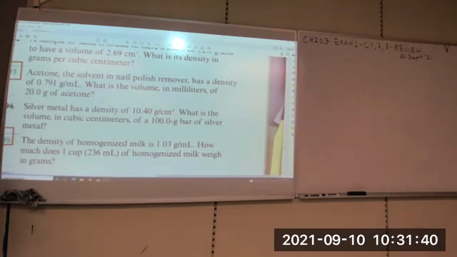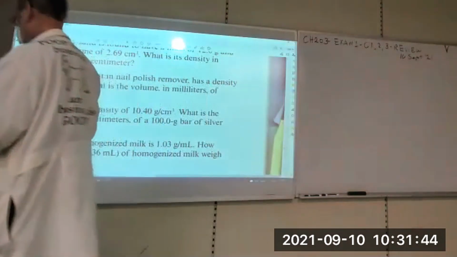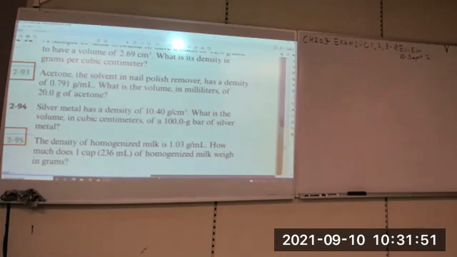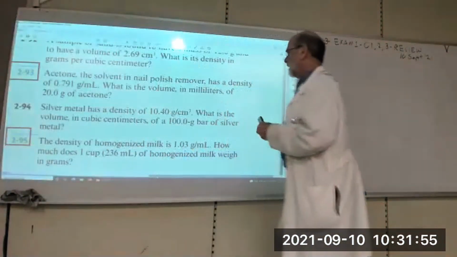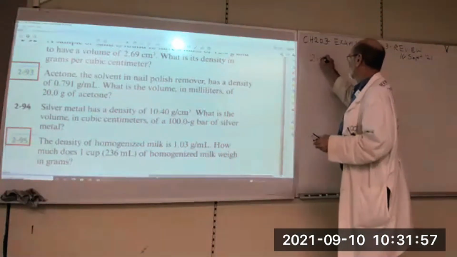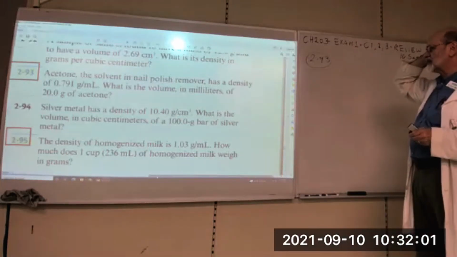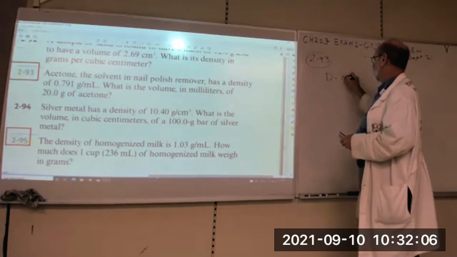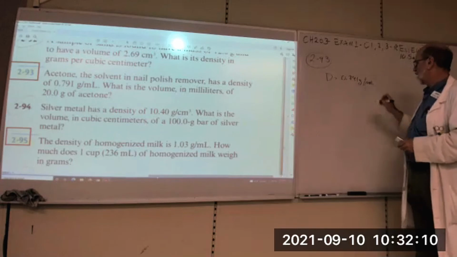Oh, okay, so let me get back to the topic here. Chopped off more than it is on the screen here. There we go. Okay. Acetone has a density of 0.791 grams per milliliter.